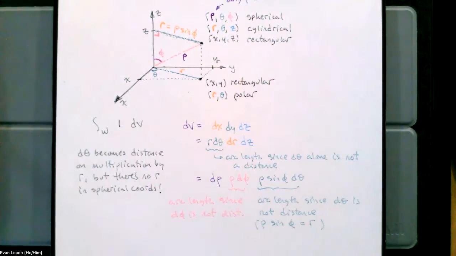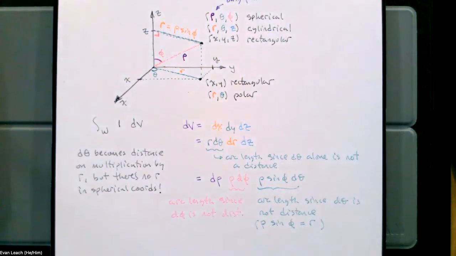In cylindrical coordinates, we had r. That's how far we are from the pole. That's what we need for the distance. I still need that distance, but I don't get to use r because I don't have that coordinate in spherical coordinates. I need to write r in terms of rho and phi.